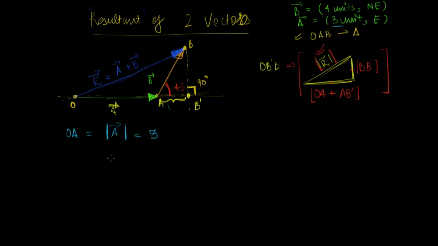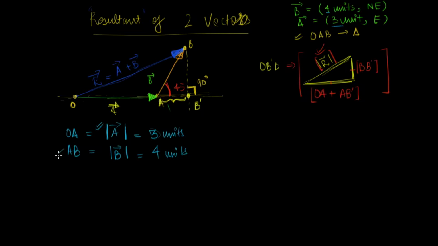But we were trying to solve this case for a more general situation. So even though I'm writing this as 3, I'll still work with the modulus of A. And similarly, we will have AB to be the modulus of B, which is 4. So this is 3 units. The modulus of B is 4 units.